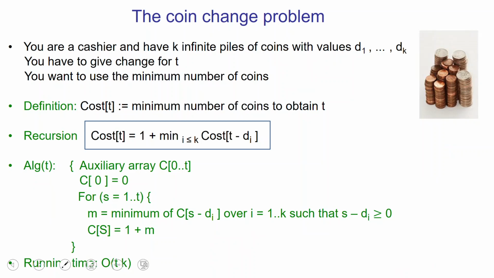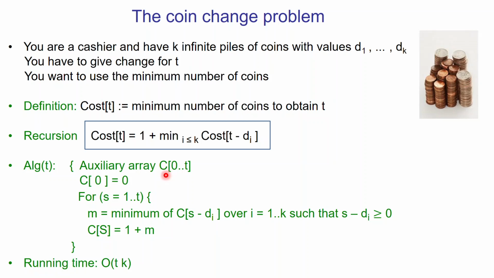Once you have this idea, then you can write down a fairly simple iterative algorithm, which works as follows. The algorithm to give change for t would use an auxiliary array, C from 0 to t. We are going to initialize C of 0 to 0, and C of i would be the cost to give change for i.